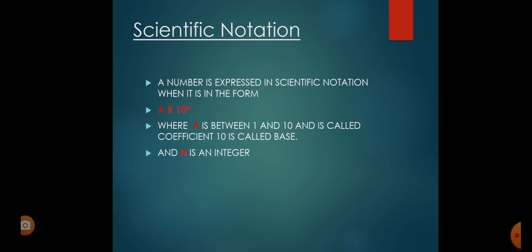Basically, scientific notation is based on three terms: number 1 coefficient, number 2 base, and number 3 integer. In this formula, a into 10 raised to power n, a is called the coefficient and lies between numbers 1 and 10. 10 is called the base and n is an integer.